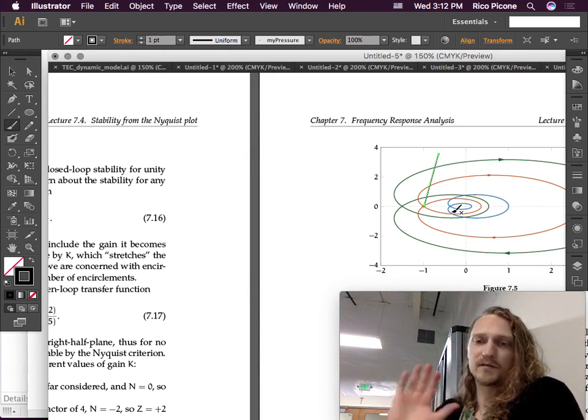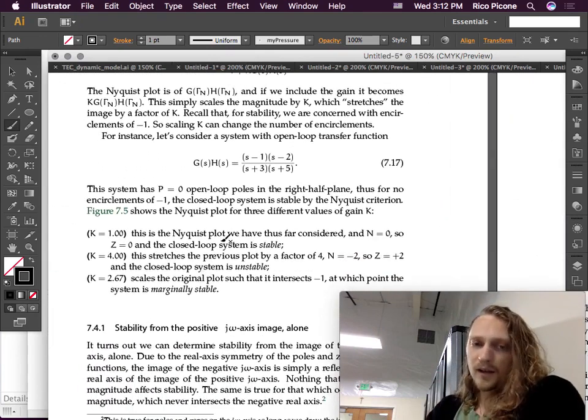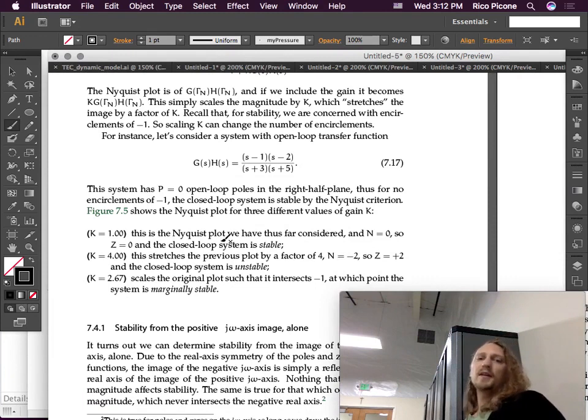So that's stability in terms of the gain, which I think is pretty straightforward in the sense that for a given system, you can scale up with the gain and shrink down with the gain. You may or may not be able to make something stable changing the gain. If it's unstable to start, you may or may not be able to make it closed loop stable. If you make it closed loop stable, there might be some gain at which it will go unstable.